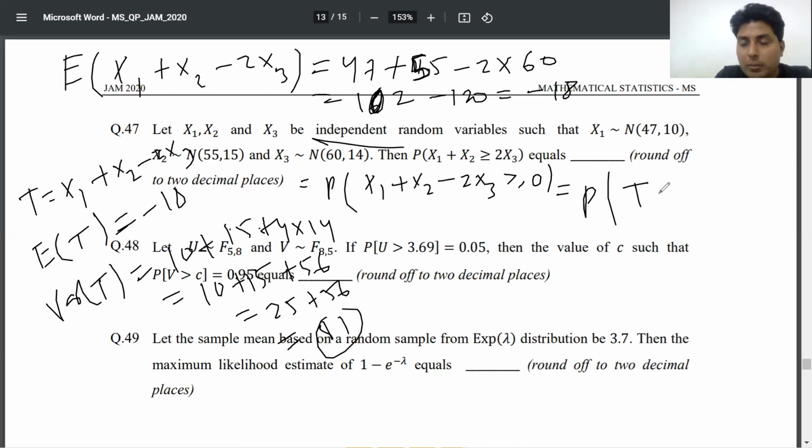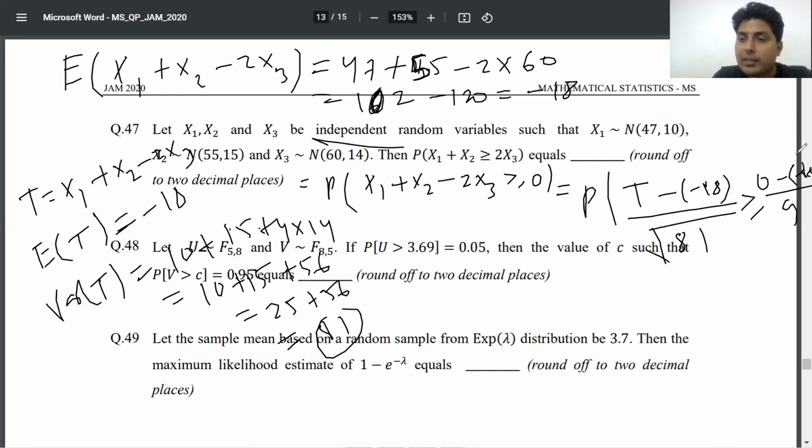Okay, so I named it t. So t is greater than or equal to 0. So t minus mean of t upon standard deviation, I need. So root of variance, root 81 is 9.